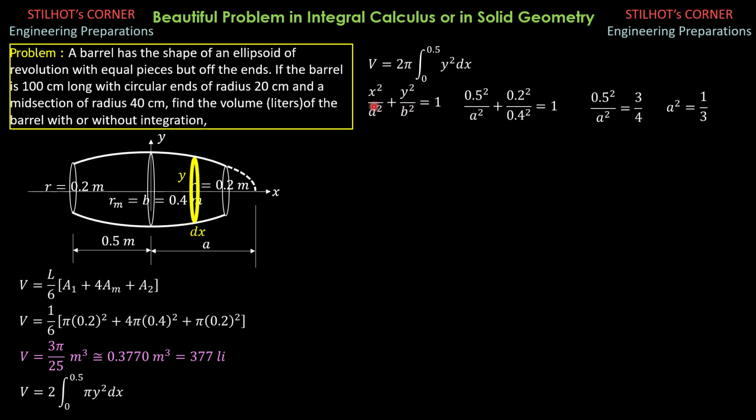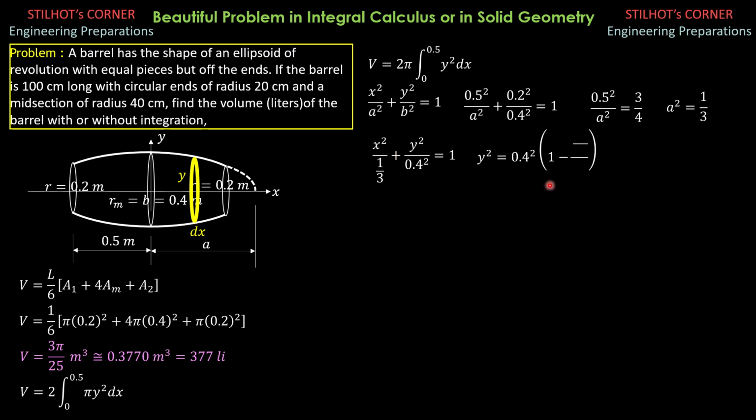Substitute into this equation so that we'll have an expression for y squared for us to evaluate the integral. So x squared over 1/3 plus y squared over 0.4 squared equals 1. That means y squared is 0.4 squared times the quantity 1 minus x squared over 1/3.